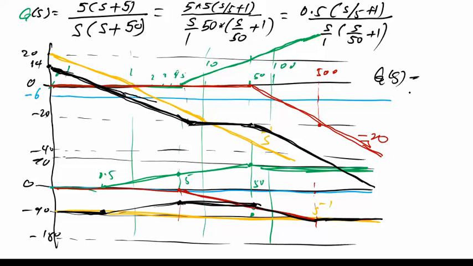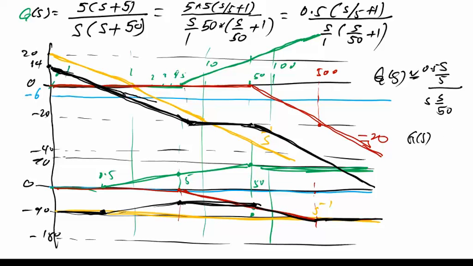It is S over 5 times 0.5 over S times S over 50, right? This is the high frequency. So G of S approximately, when omega goes to infinity, is S over 5.